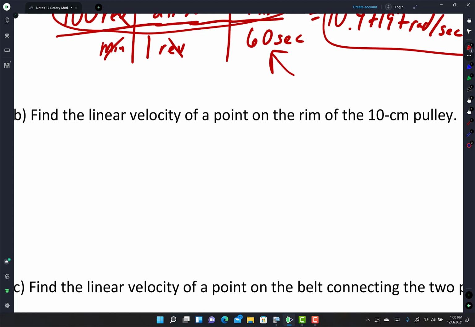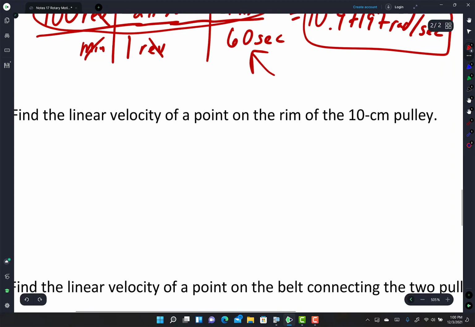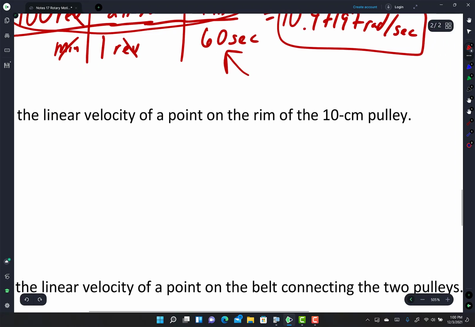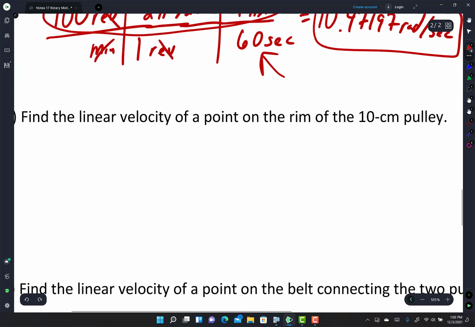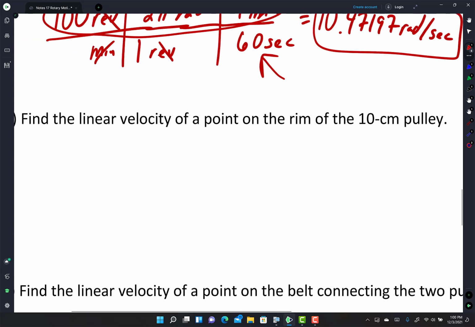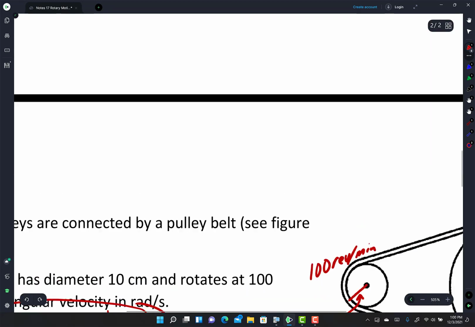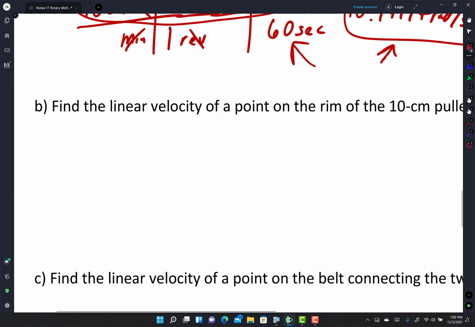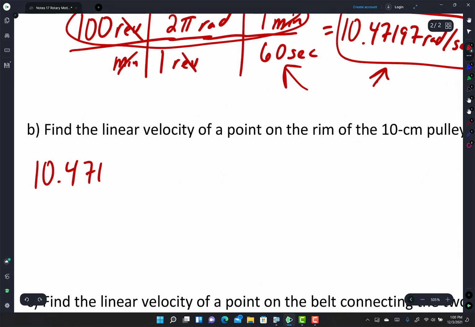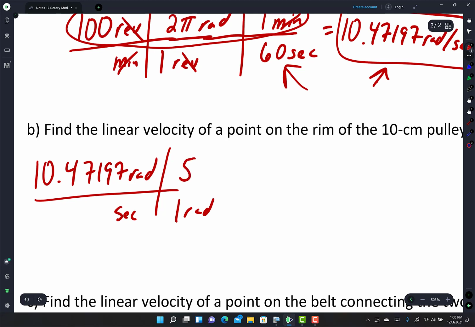Okay, so here it is. For letter B, you would do that. Find the linear velocity of a point on the rim of the 10 centimeter pulley. So here's the hack that I told you guys: just take the answer that you just got, and in 1 radian, you have how many centimeters? 5. So I would just go 10.47197 radians per second, and in 1 radian, you have 5 centimeters.